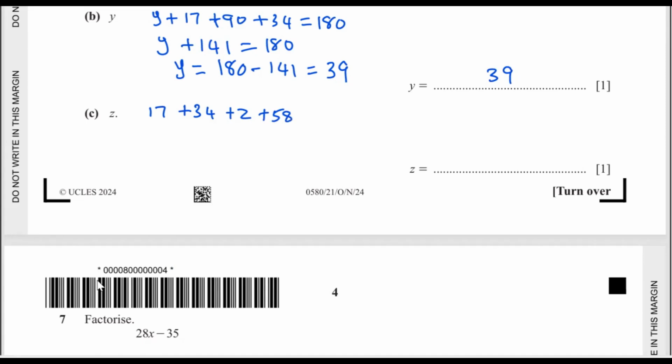Everything will give us 360, since the sum of angles in a quadrilateral is 360. Now, adding this up, I have 109 plus z equals 360. If I make z the subject, it gives me 360 minus 109, and that will give 251 degrees. So that is the value of z, 251 degrees.